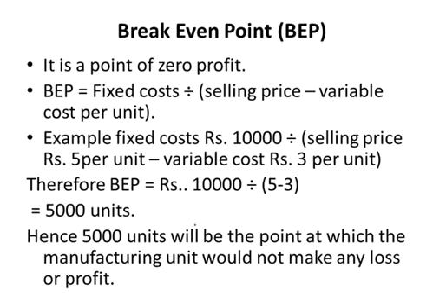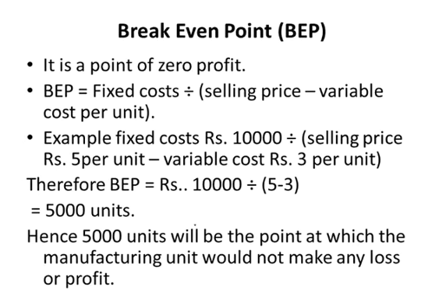What is a break-even point? Break-even point is the zero point that we discussed earlier. It is fixed costs divided by the selling price minus the variable cost per unit. Example, say the fixed cost is rupees 10,000, selling price 5 per unit, variable cost 3 per unit.